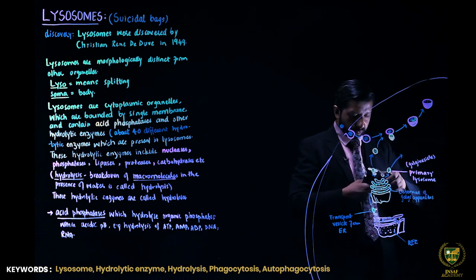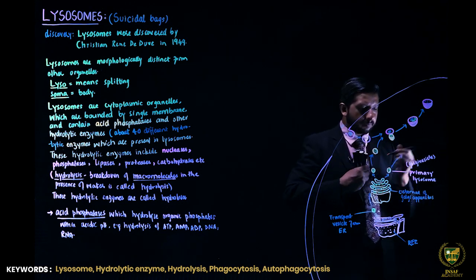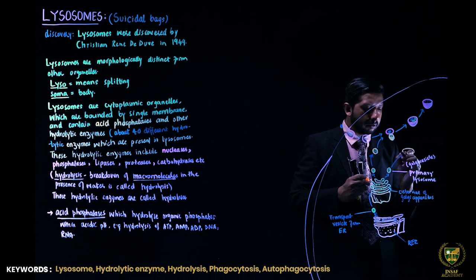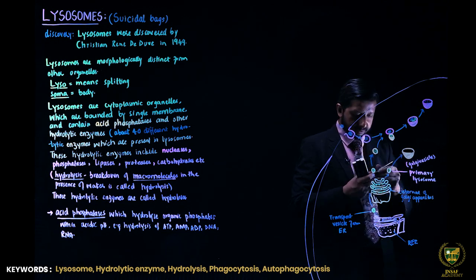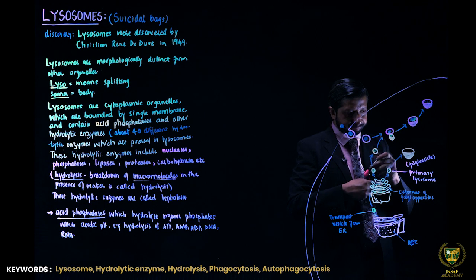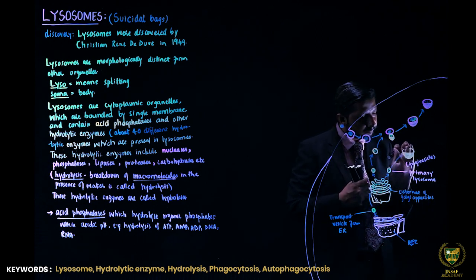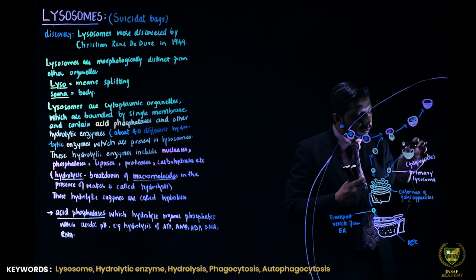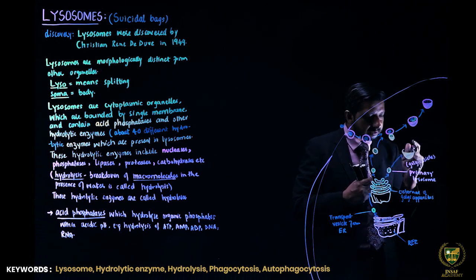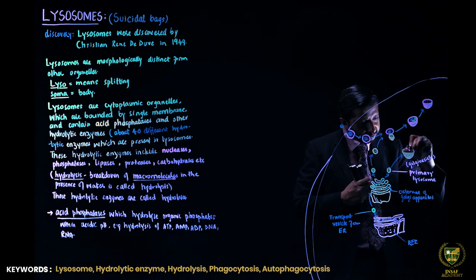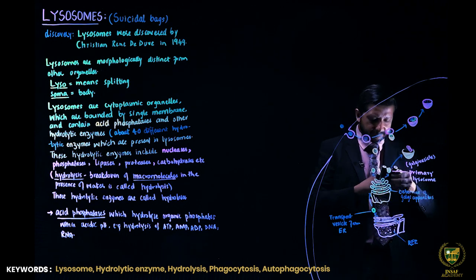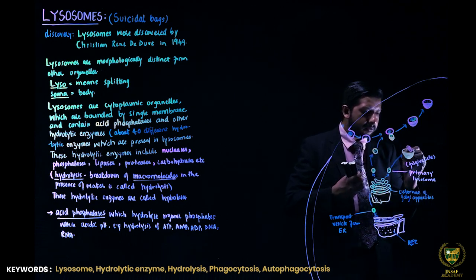This primary lysosome may also eat the worn out or damaged parts of its cell. Like, let's suppose this is a mitochondria which has been damaged here.